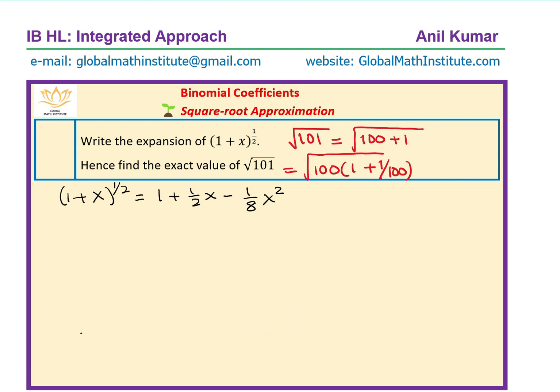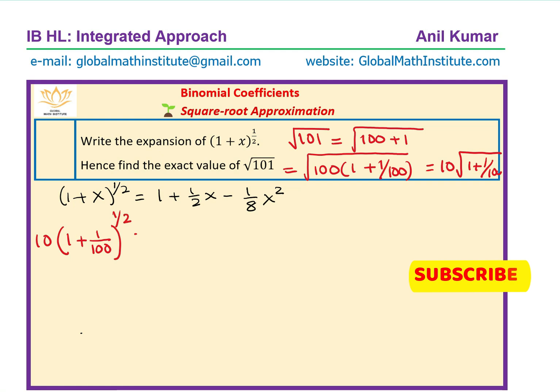So that gives you 10 times the square root of 1 plus 1 over 100. So now we can write this as 10 times (1 plus 1 over 100) to the power of half. You see that. So this is the square root of 101, right?